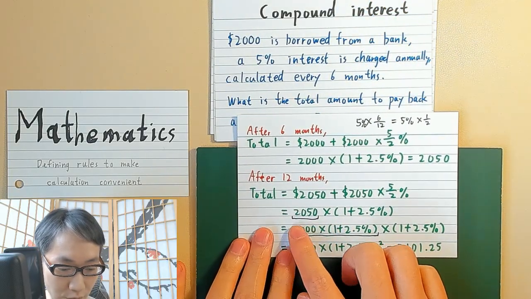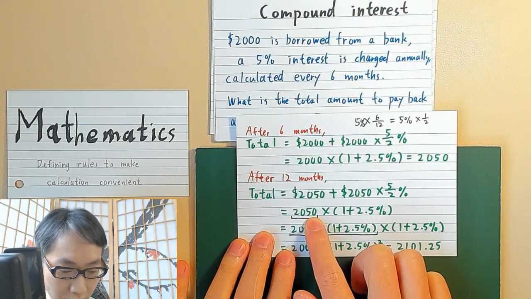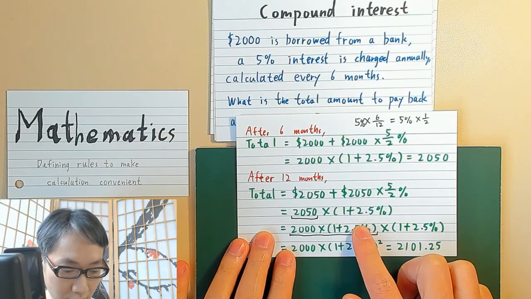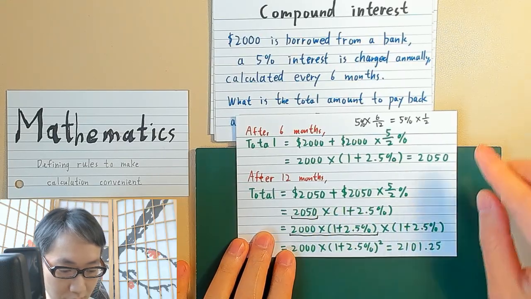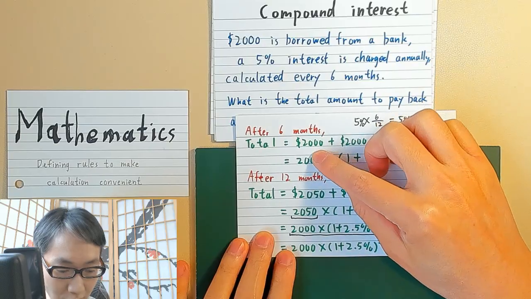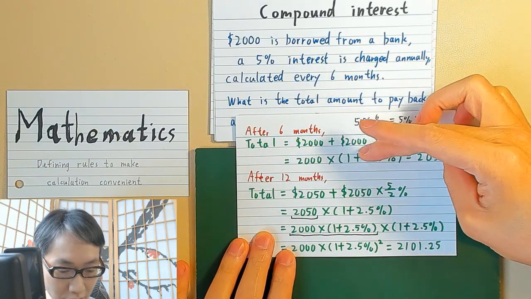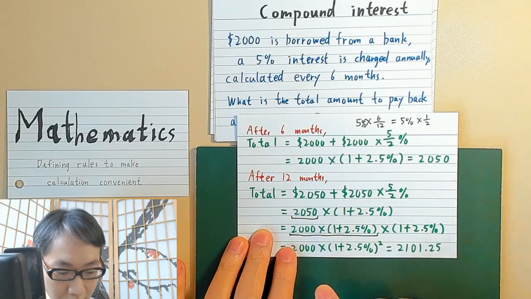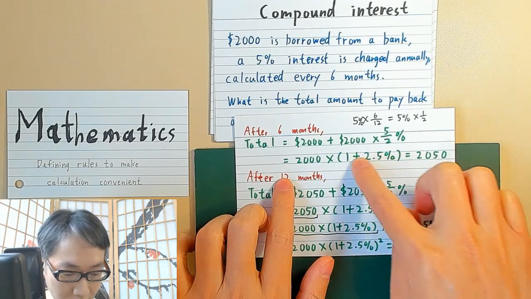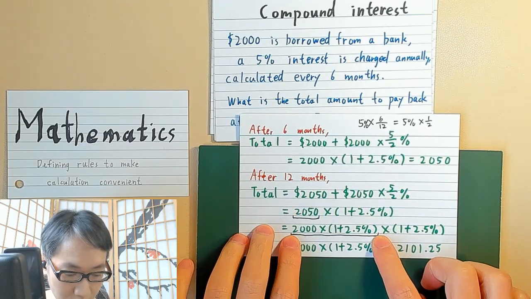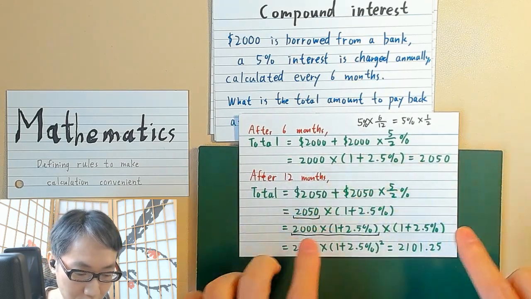So then we calculate 2,050 times 1 plus 2.5%. Similar to what we did here, but now 2,000 has become 2,050. Because of the previous calculation, I know that this 2,050 can be broken down into this expression. These two are equivalent.